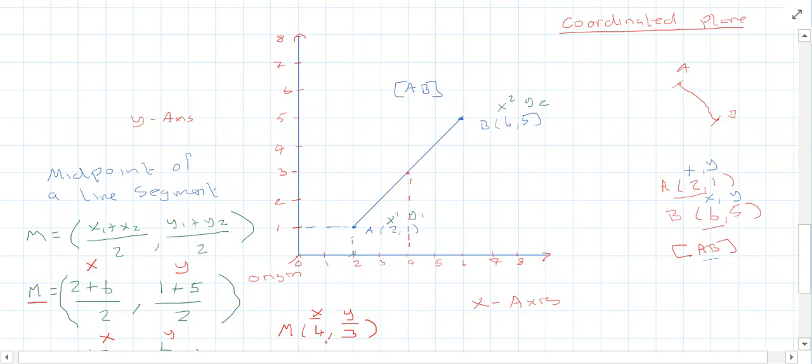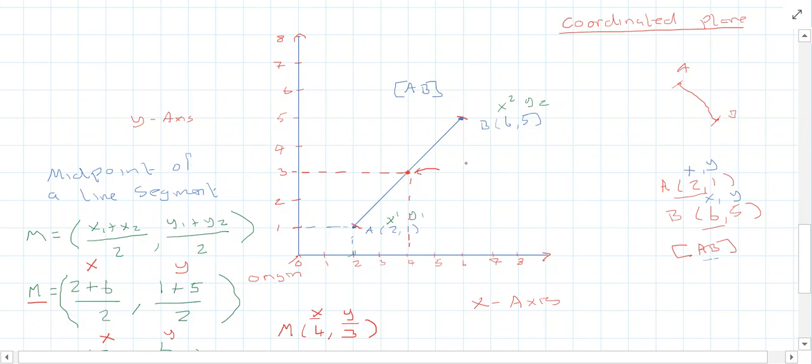And then what we can do is we see that the y value is 3, so we draw our line across here. And we see here where the dot is on the line. This here is what's known as the midpoint. It's the midpoint of this line segment. The line segment goes from here to here.